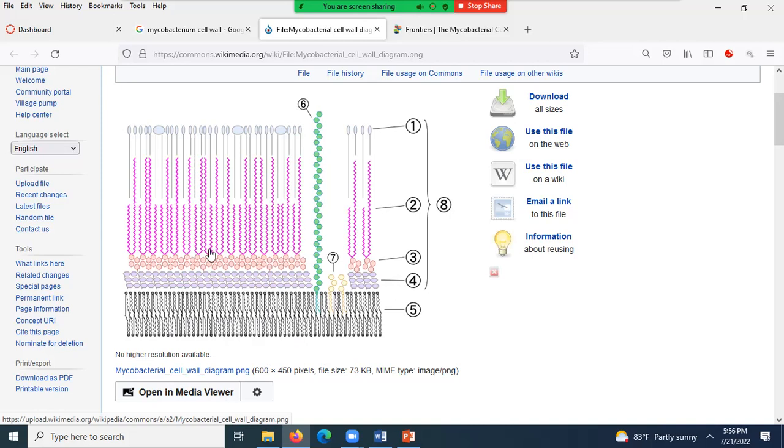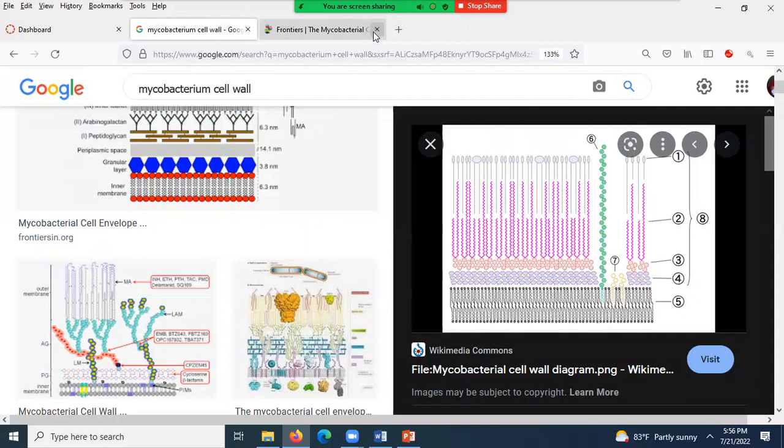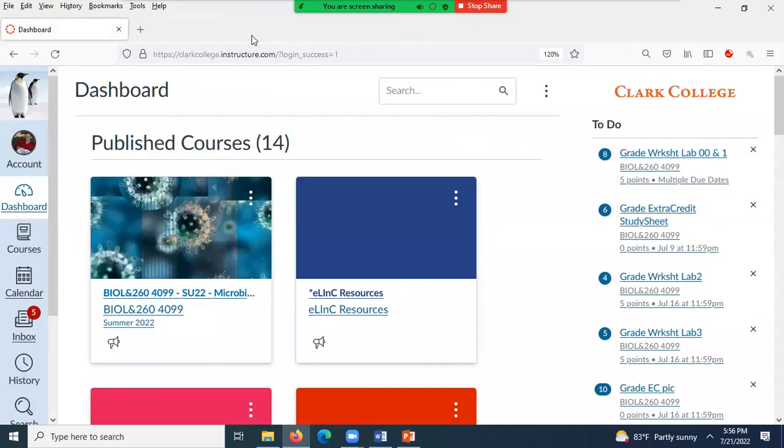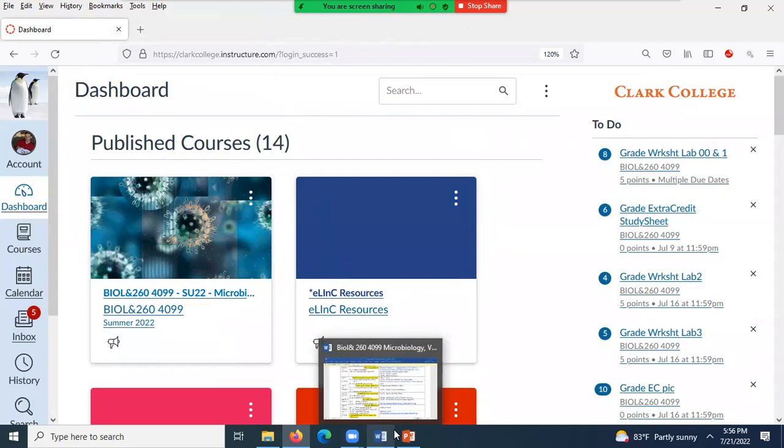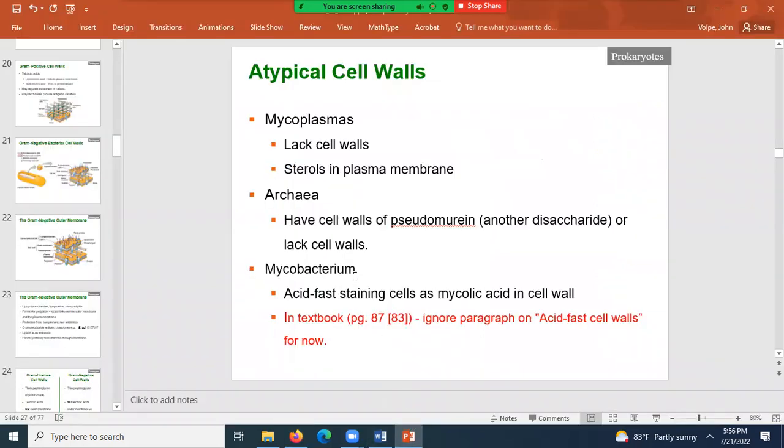Anyways, the point is the mycolic acid makes an additional layer of the cell wall, which gives the bacteria different properties from other gram-positive cells, making them atypical gram-positive cells. The mycobacterium stain with the acid-fast stain. The acid-fast stain can get through the mycolic acid, and then they retain that dye in the mycolic acid.